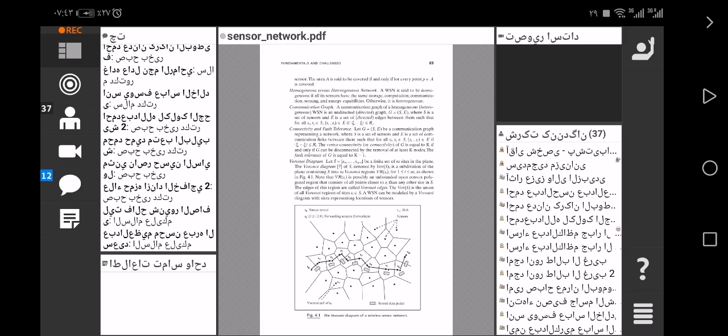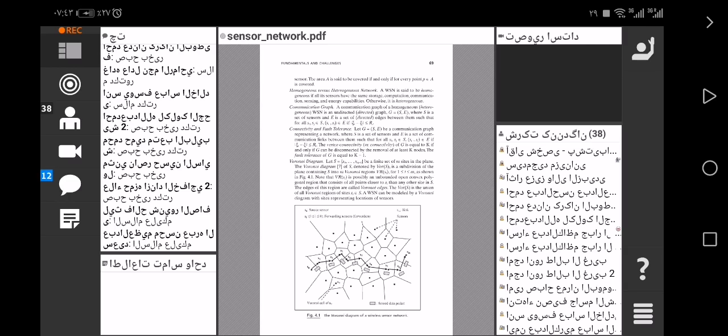Heterogeneous versus homogeneous. I told you the meaning of homogeneous and heterogeneous in wireless sensor networks.